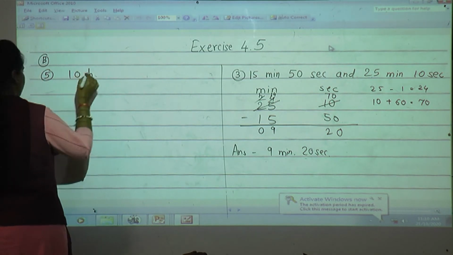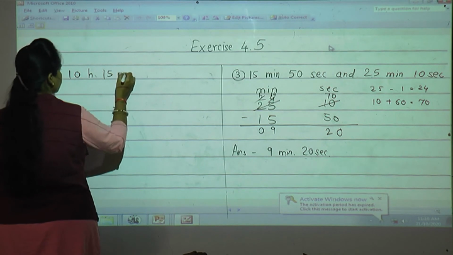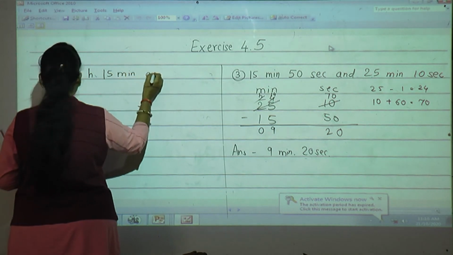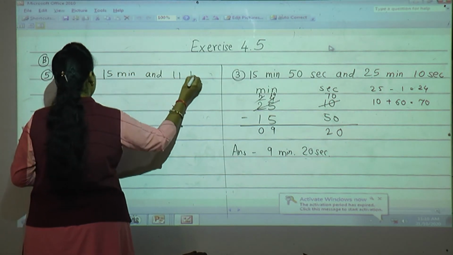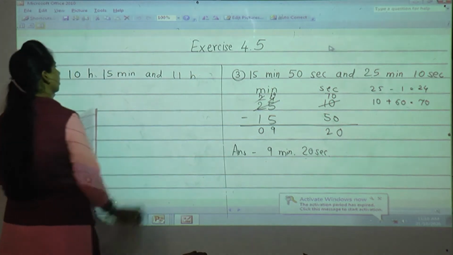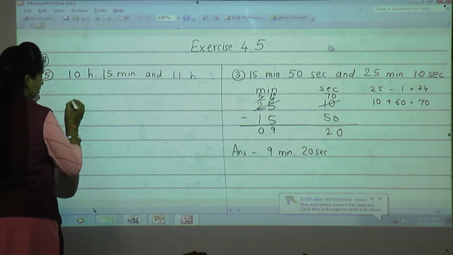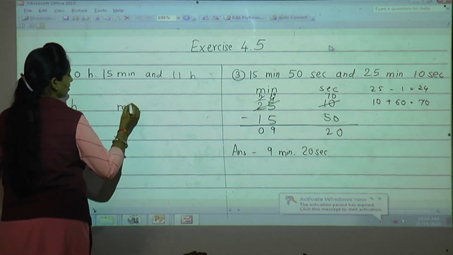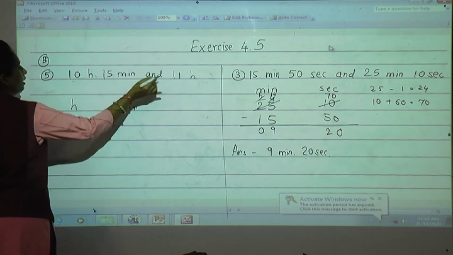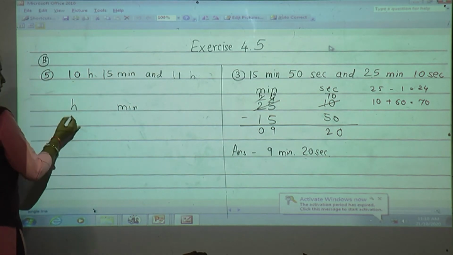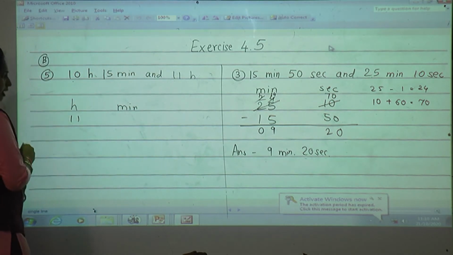Hour 15 minutes and 11 hours. See, hours and minutes, which is greater, 10 or 11? Of course 11. So I'll write 11 first.